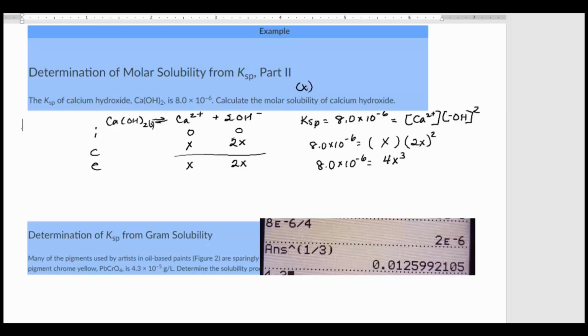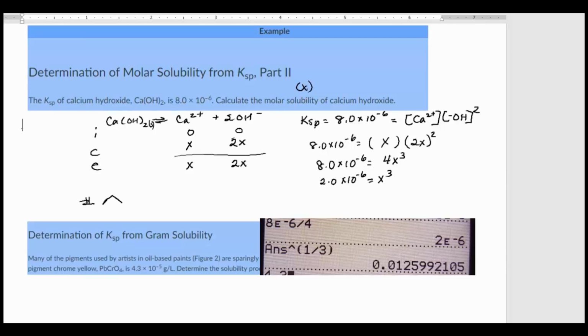So then in order to simplify this and solve for x, first I divide both sides by 4. So I get x cubed is equal to 2.0 times 10 to the negative 6. Then I need to take the cube root. If you don't have a cube root in your calculator, you need to raise this number to the 1/3. So the keystrokes would be, you have your number, and then you should have a caret button, raise it to a value.